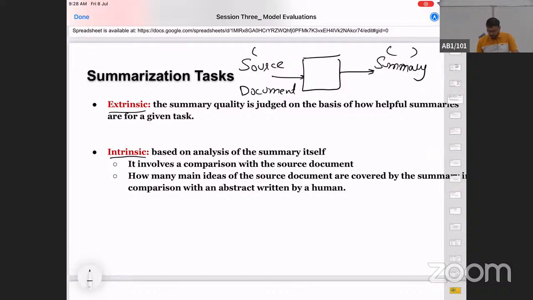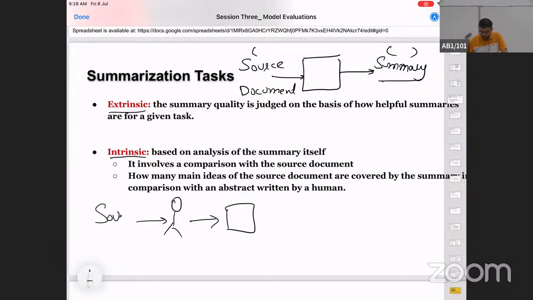Instead of just reading it, let me tell you the intuition. In the case of intrinsic evaluation, suppose this is the summary which has been generated by the machine. We'll call it a machine generated summary. We also have summaries which are generated by humans. To this human, you have given the same source document, and the human generates a summary.